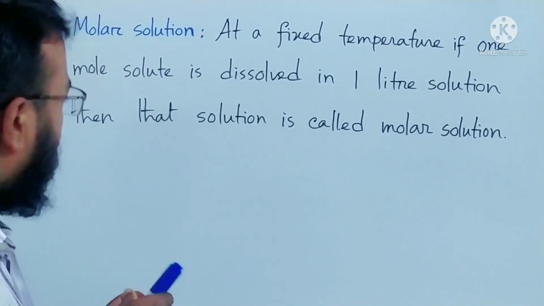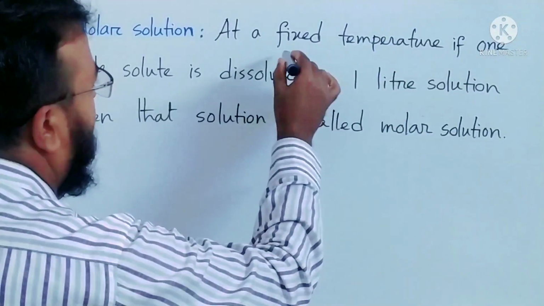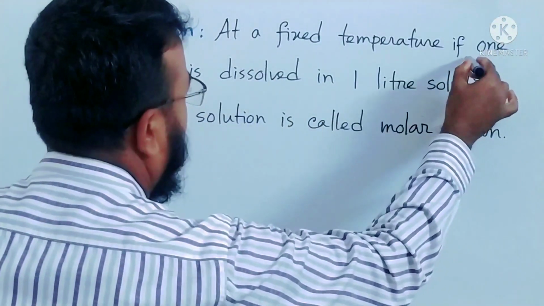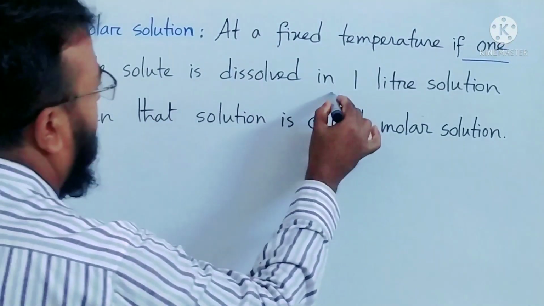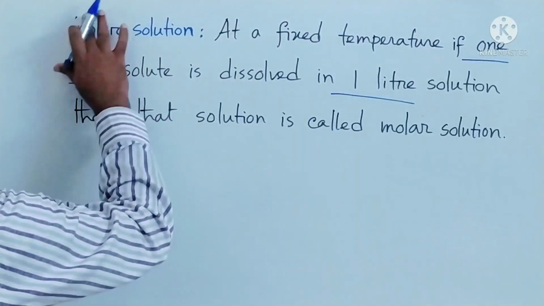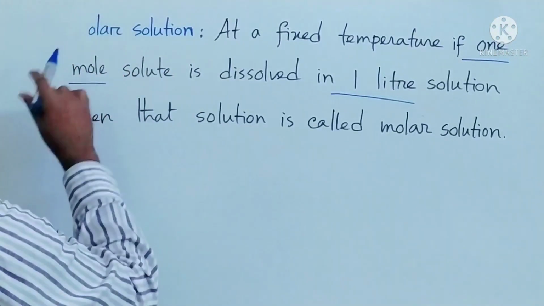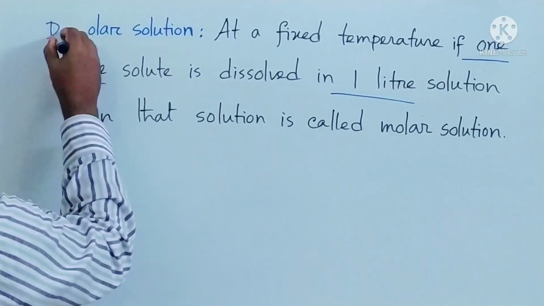See that now it is the molar solution. 1 mole solute is dissolved in 1 liter solution. Now if I write second one, decimolar solution.